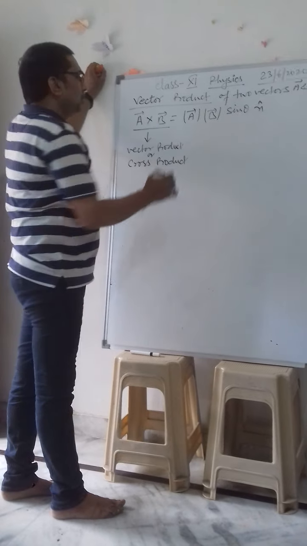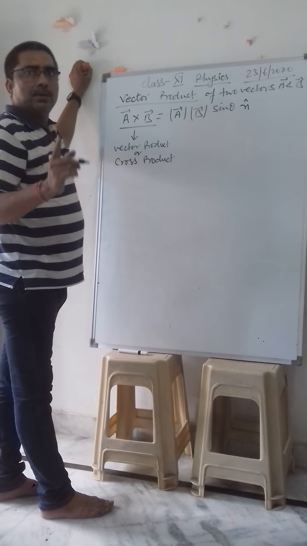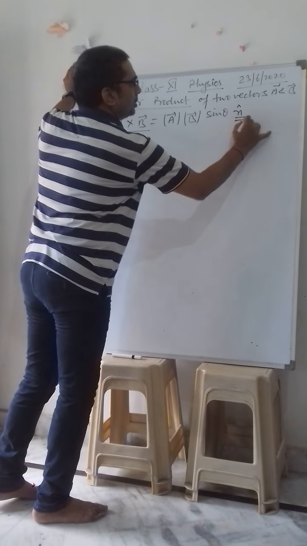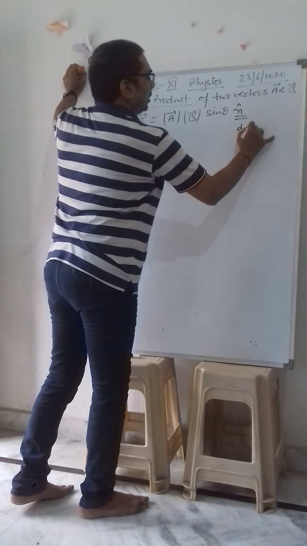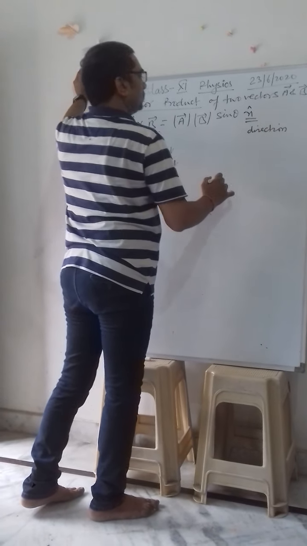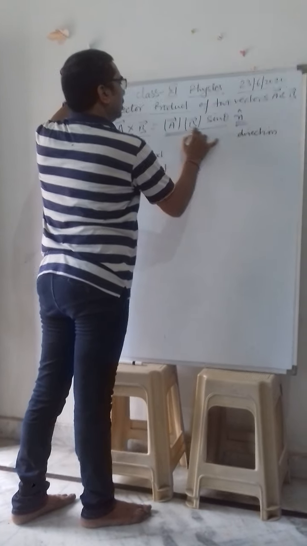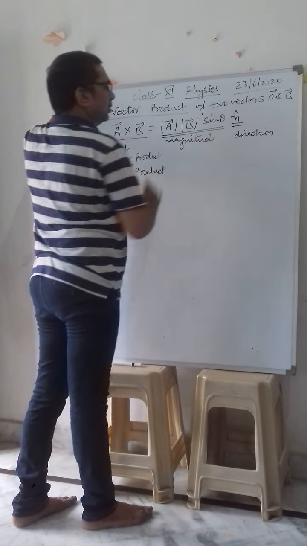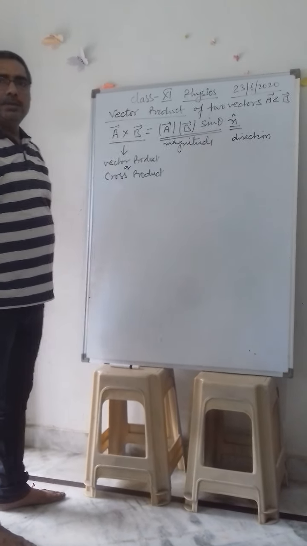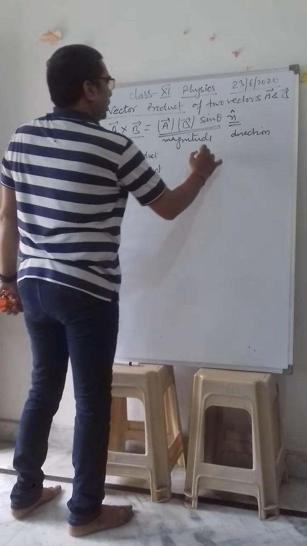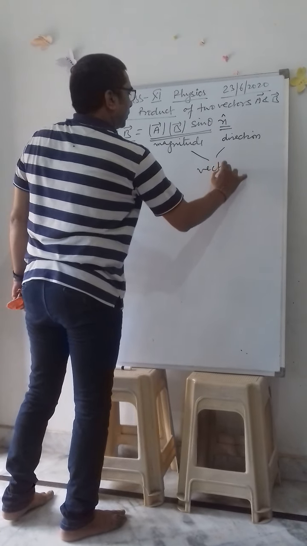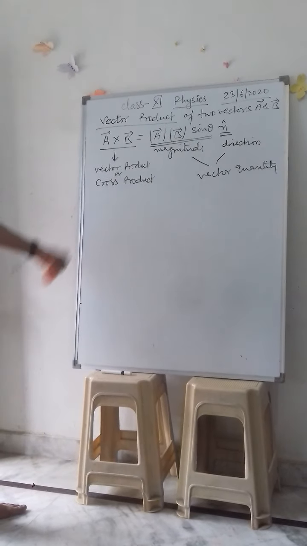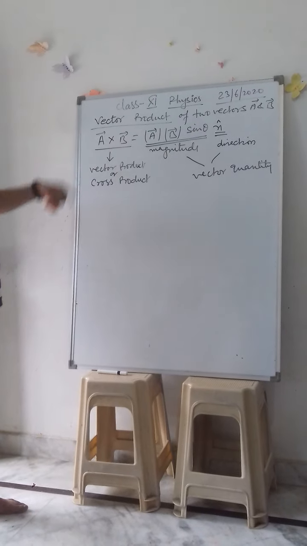So this AB sine theta gives the magnitude of the vector product and n cap gives the direction. So this A cross B is the vector quantity.